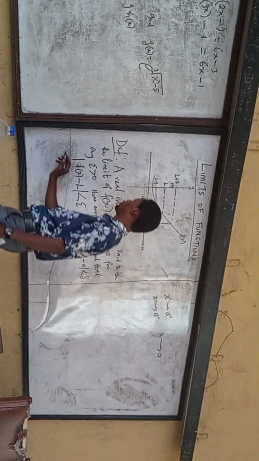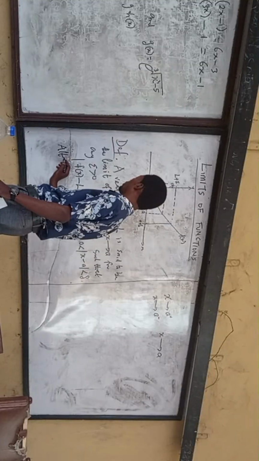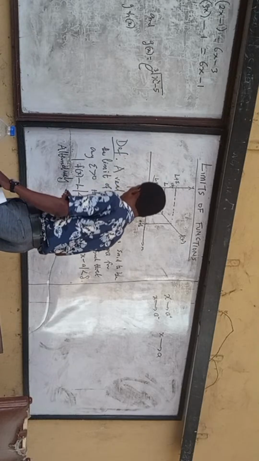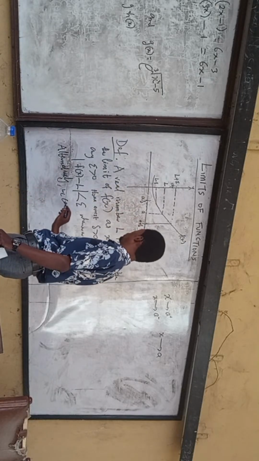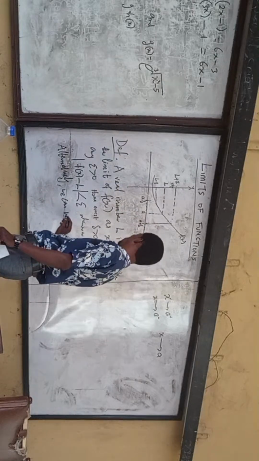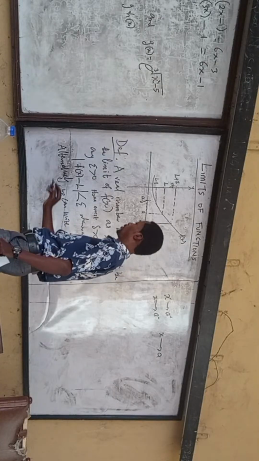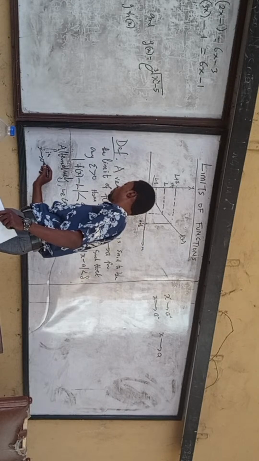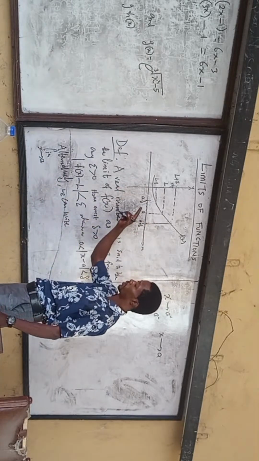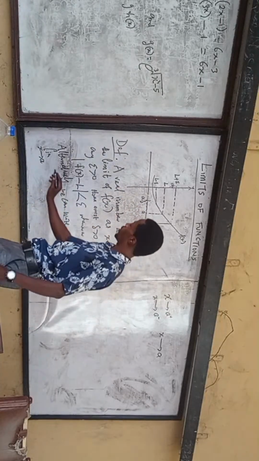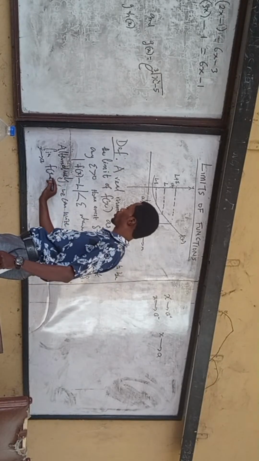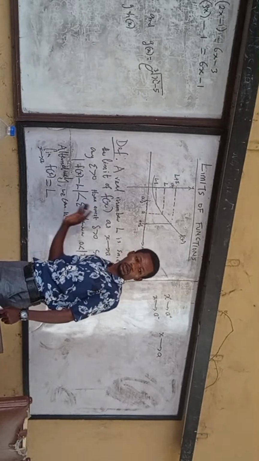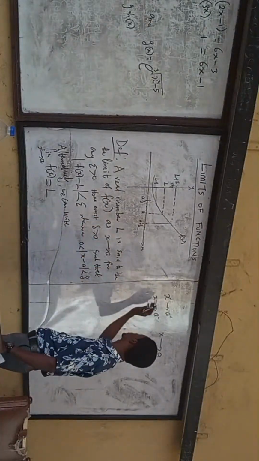Alternatively, we can write the limit as x tends to A of f of x is L. So as the point you pick gets to A, the function is L. It's the same thing.